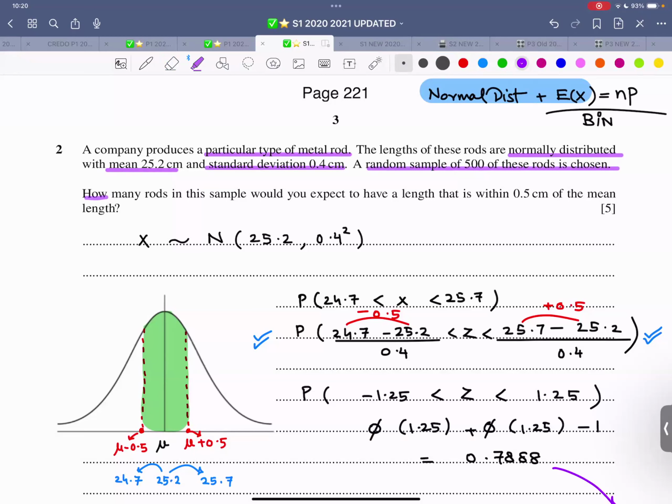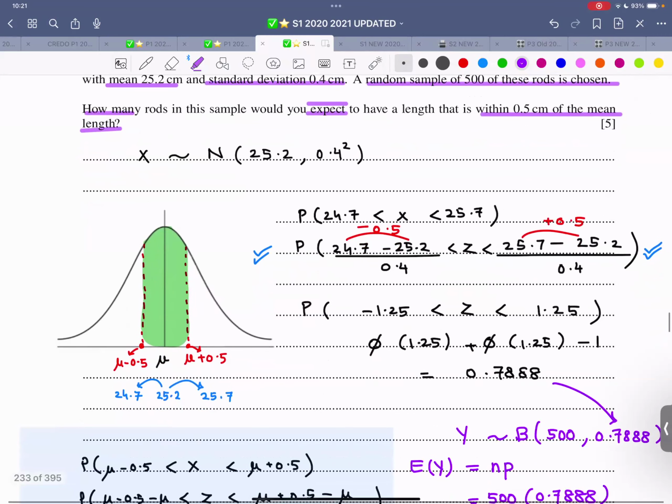They are asking for expected value, expectation. How many rods in this sample would you expect to have a length which is within 0.5 centimeter of the mean length?